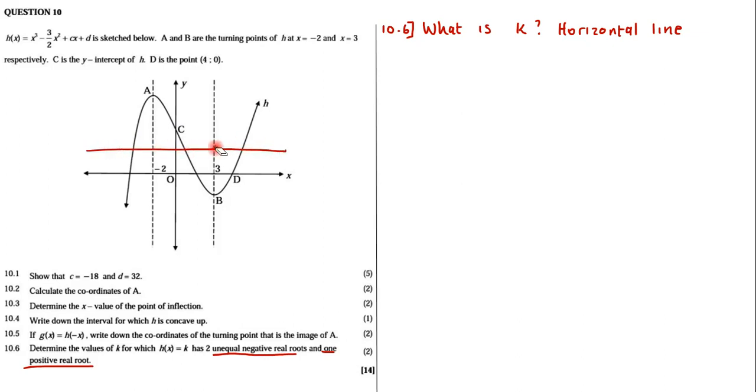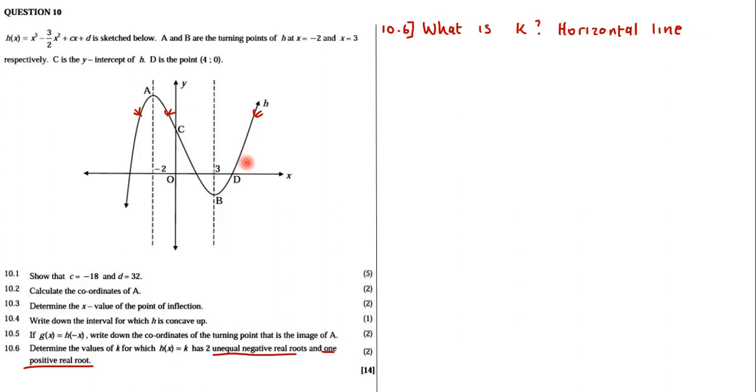Now how this line works is that it cuts on the y-axis, in most cases. It cuts here. The significance of this is it always intersects the graph. So here we are looking for the values of k, of this constant, where when it cuts the graph of h, it will cut at the areas where it has two negative roots and one positive root.